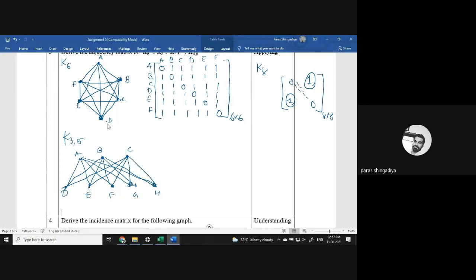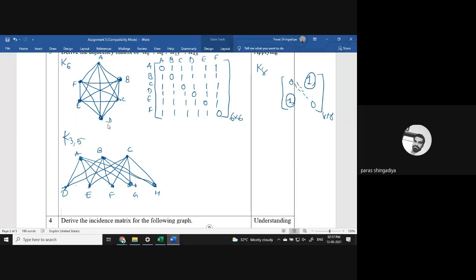You will not connect A to B, A to C, and so on. Similarly, we will not connect D with F, D with G, D with H, and so on. We have to connect oppositely, in such a way that every vertex of one side is connected with every vertex of the other side.